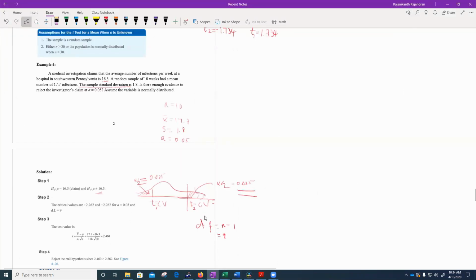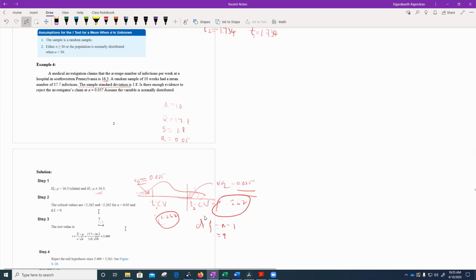That is my positive, so the negative will be here. That is why you have these two values for your critical. Remember, this colored area is going to be our critical region. If your test value falls in this region, then we are going to reject.